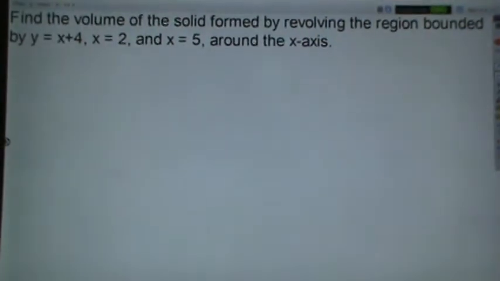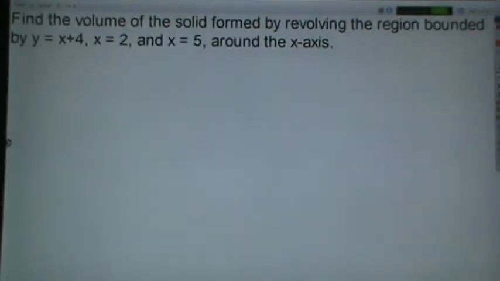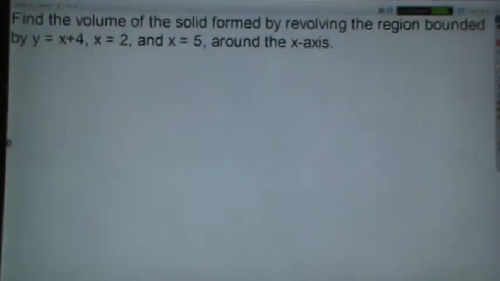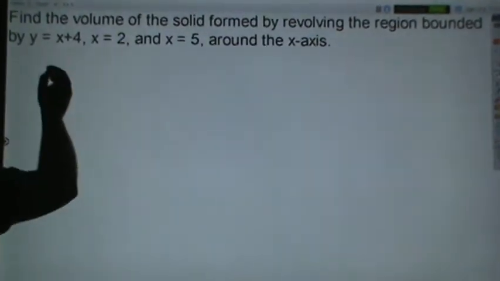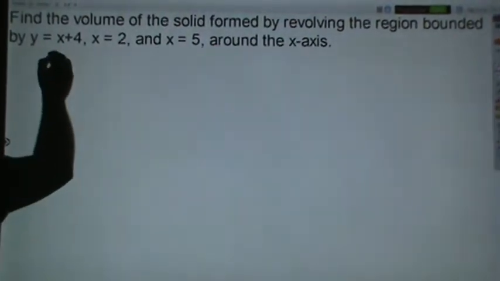Here we're asked to find the volume of the solid formed by revolving the region bounded by y equals x plus 4, x equals 2, and x equals 5 around the x-axis. So in order to do this, I really want to draw a reasonable looking picture.